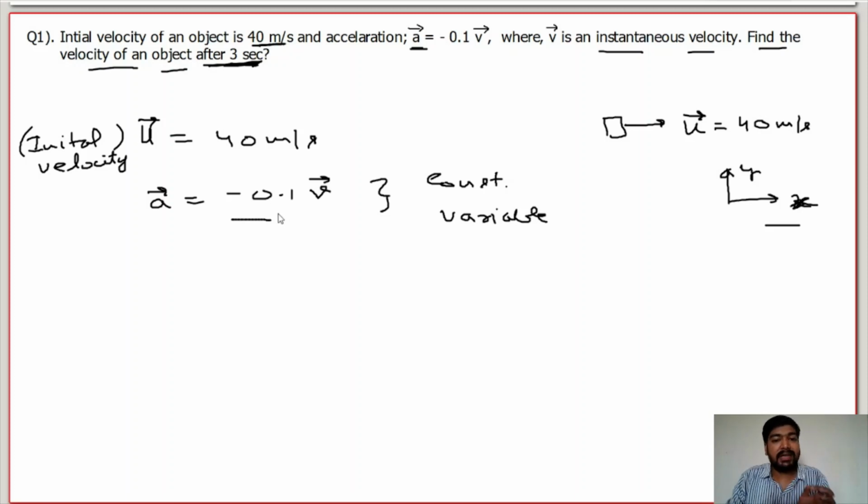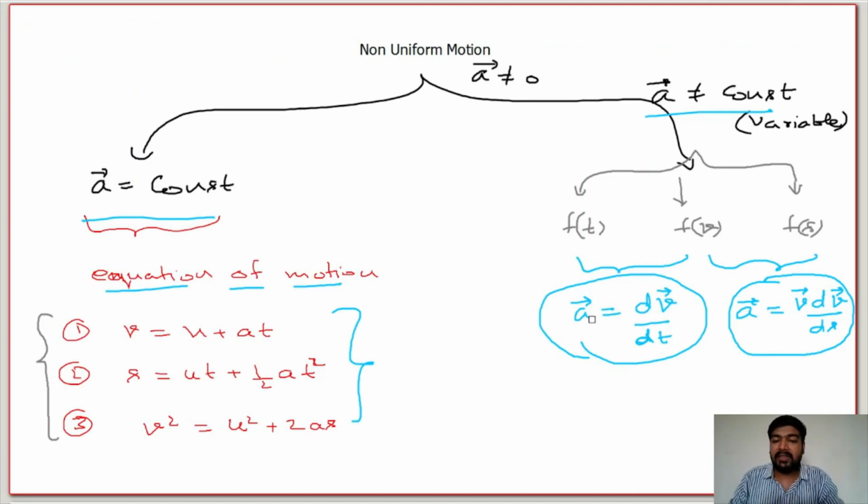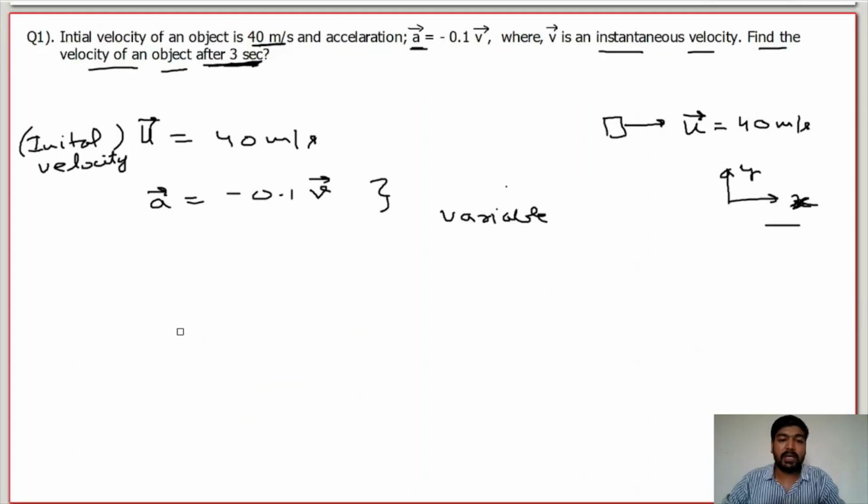This is the case of variable acceleration, and in the case of variable acceleration we have these two equations. So let's apply these two equations and solve for the answer.